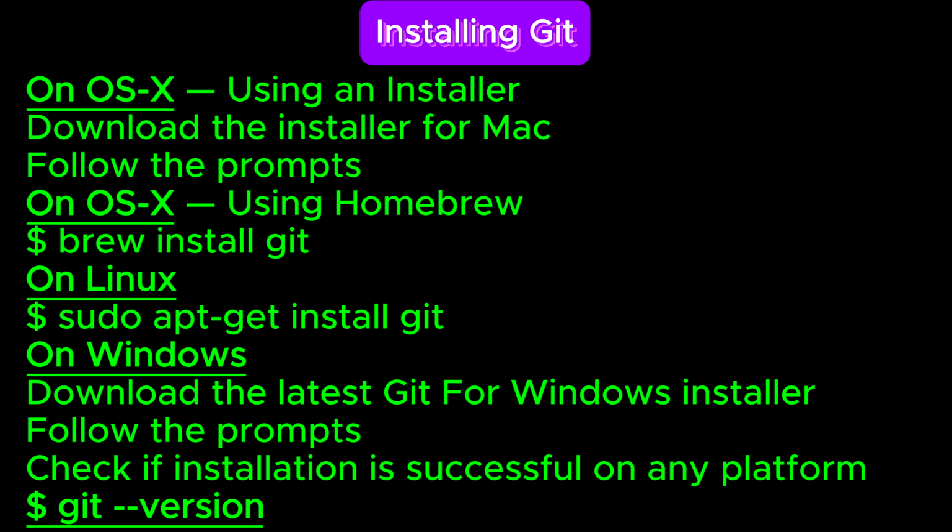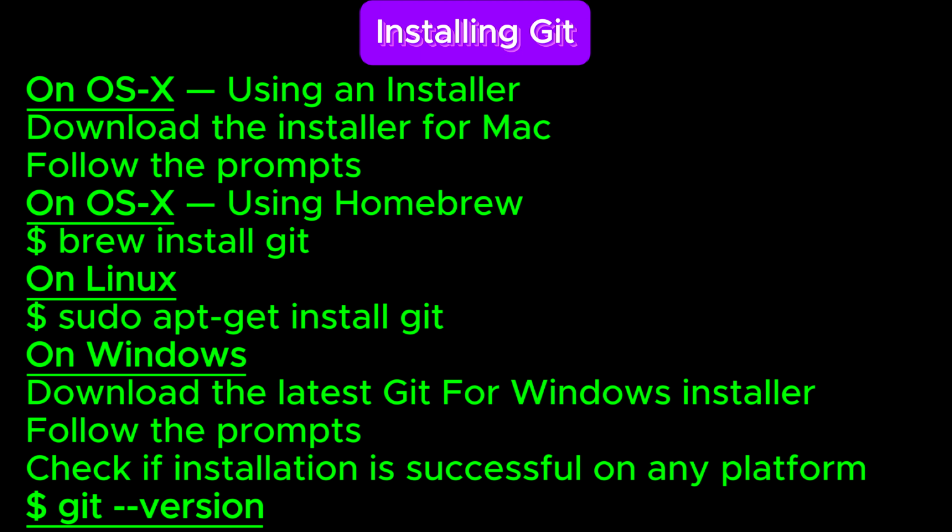Installation of Git in your machine, in your laptop or whatever system you're using. It's a few steps, it's not difficult. Simply on Mac or any other operating system, you can use the installer, and for Mac you can just execute the command brew install git.